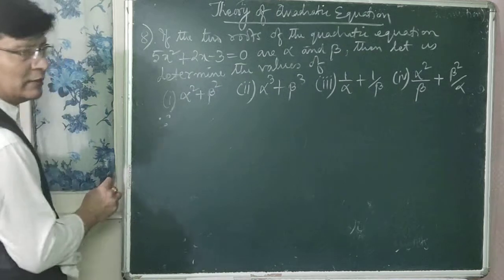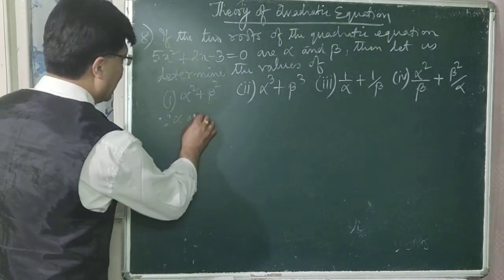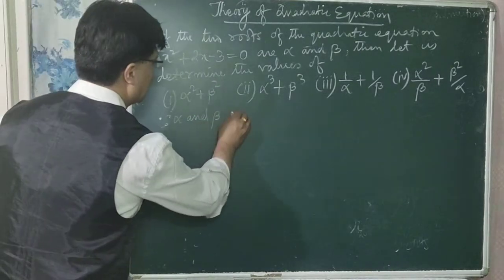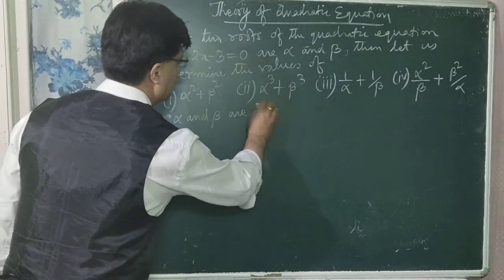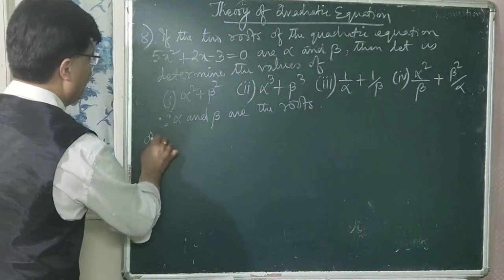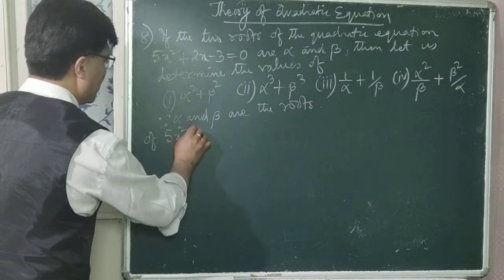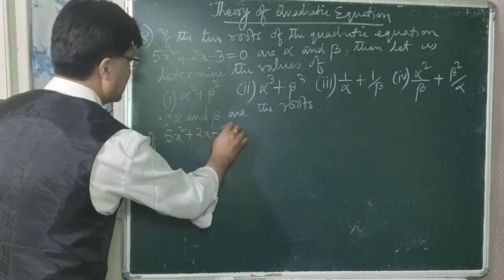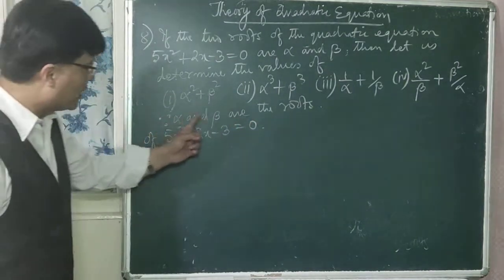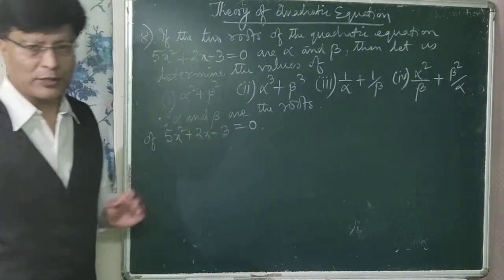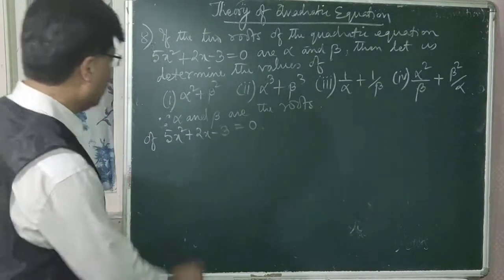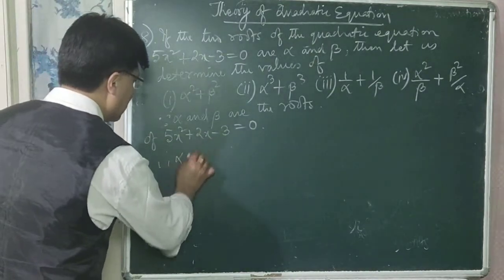Since alpha and beta are the roots of 5x square plus 2x minus 3 is equal to 0, you can write down the sum of the roots as well as the product of the roots, okay? What is the formula?